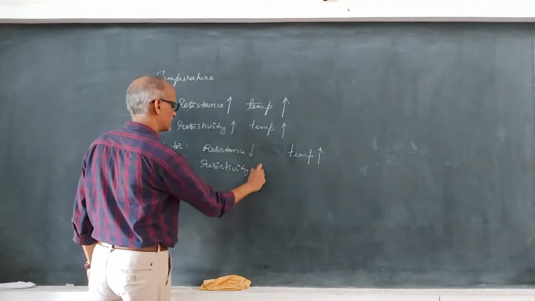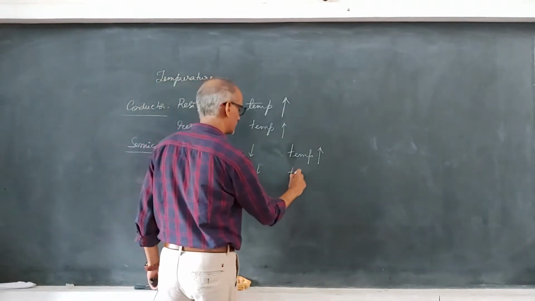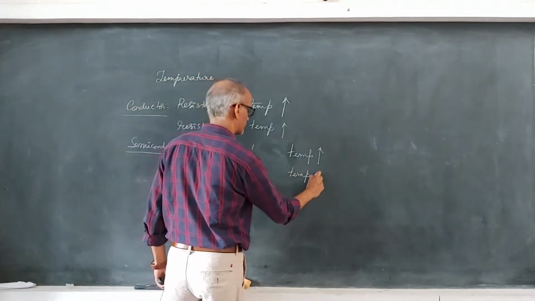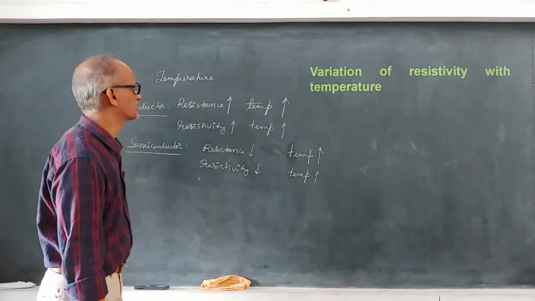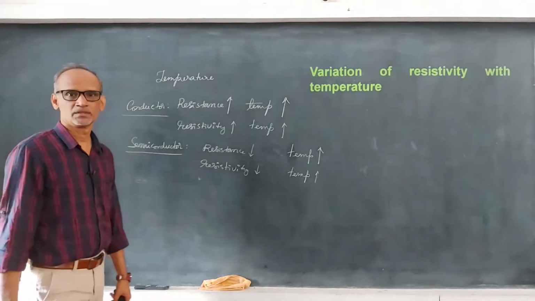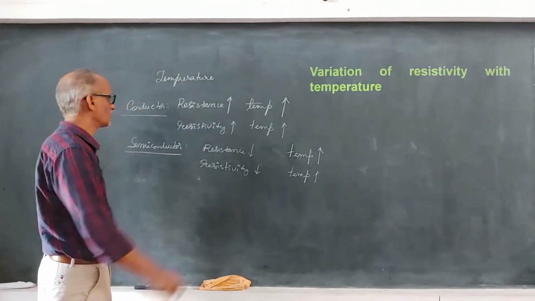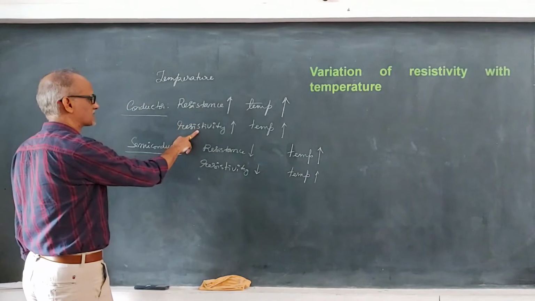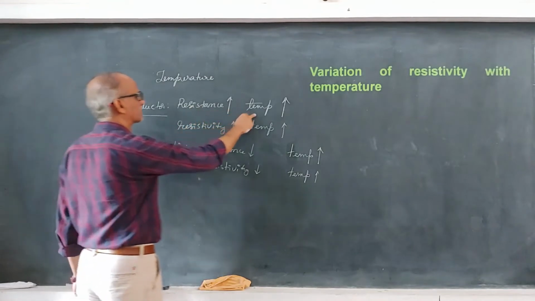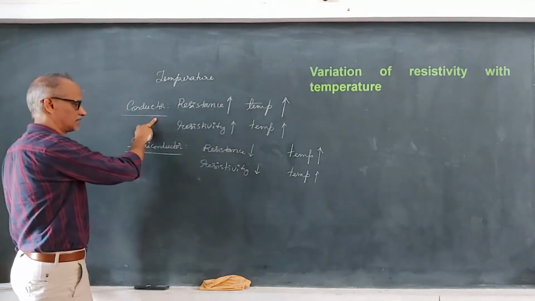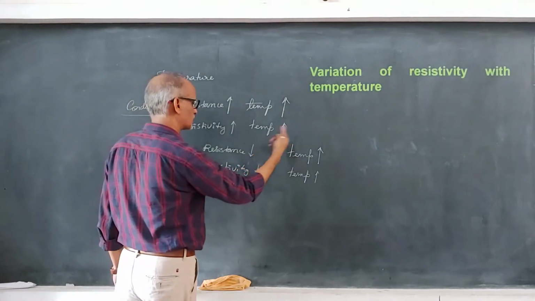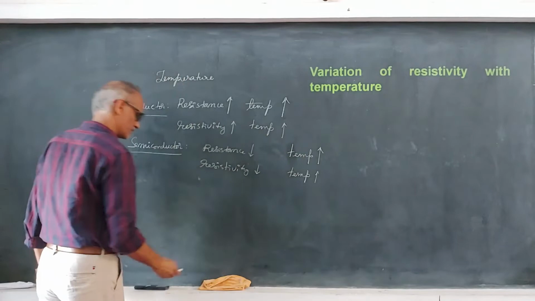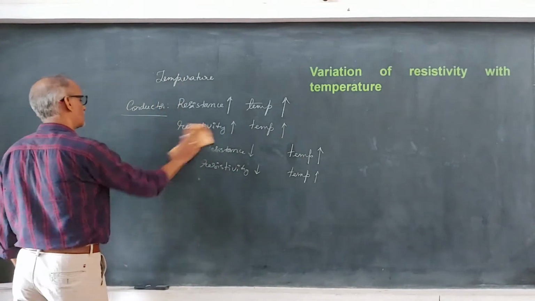So, resistivity decreases with the increase in temperature. So, that is the next topic that we are going to learn: variation of resistivity with temperature. Resistance and resistivity increase with increase in temperature in the case of conductor. Resistance and resistivity decrease with increase in temperature in the case of semiconductor.